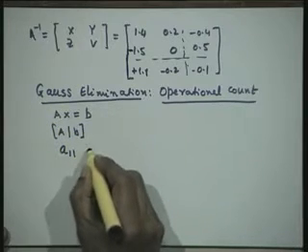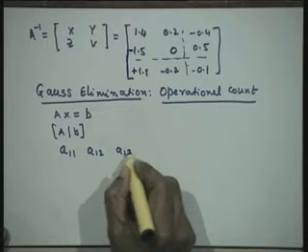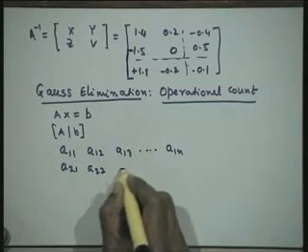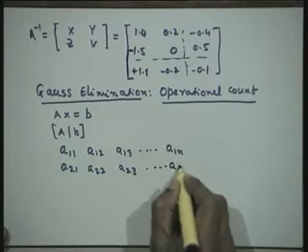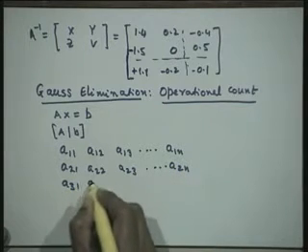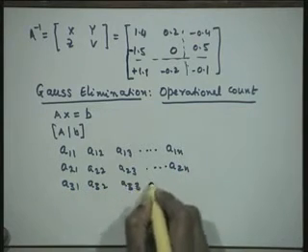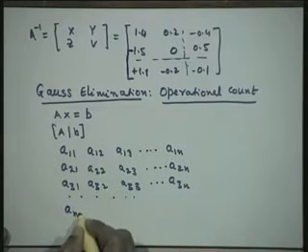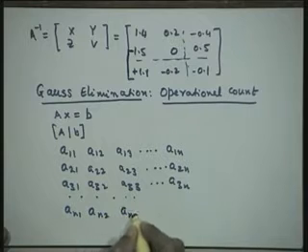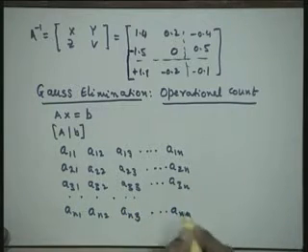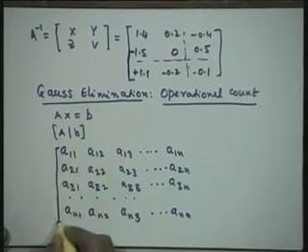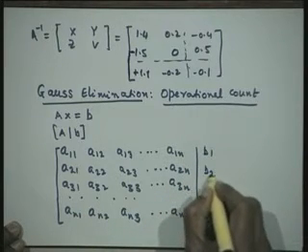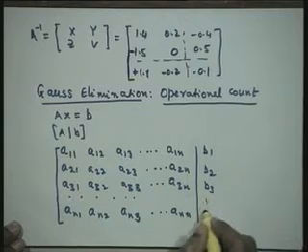So, let us write it: A11, A12, A13, A1n, A21, A22, A23, A2n, A31, A32, A33, A3n, AN1, AN2, AN3, ANN, and the right hand side vector B1, B2, B3, Bn.